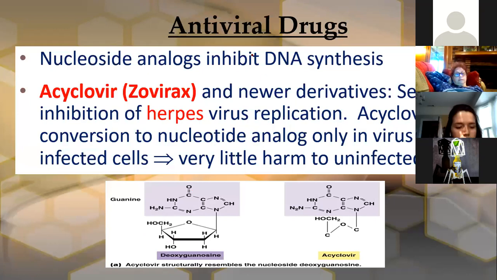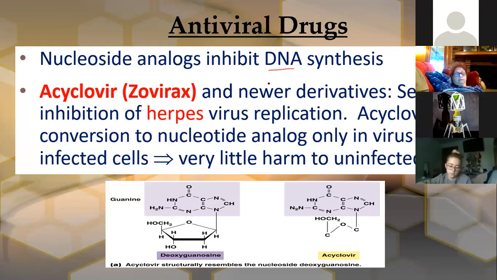Now the antivirals. Nucleoside analogs inhibit DNA synthesis. For antiviral drugs, against viruses, it was very difficult for us, because you can understand that viruses are obligate intracellular organisms, right? They must have a living cell for their growth and development.